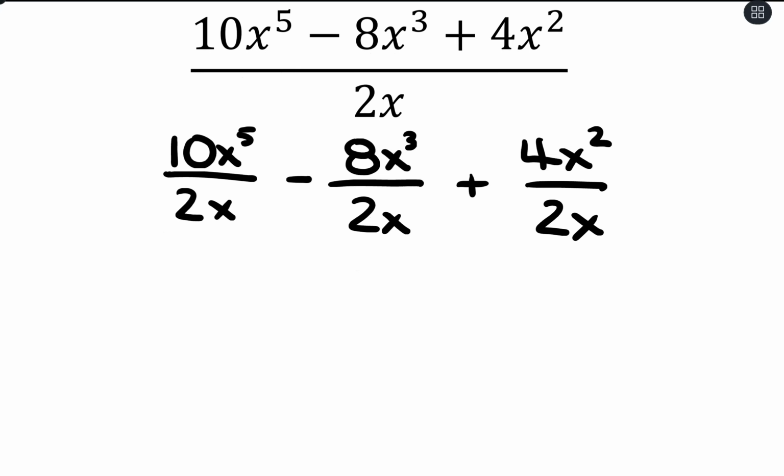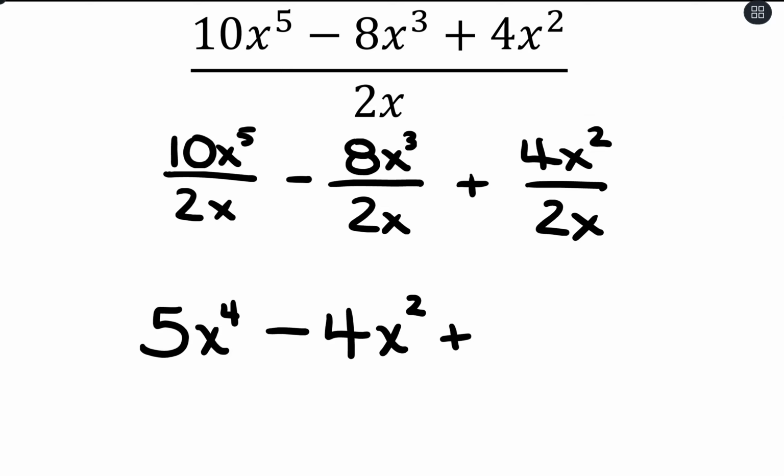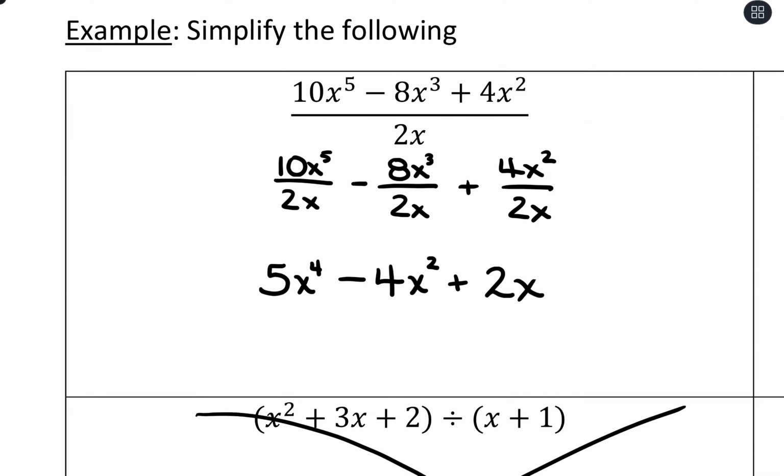So 10 divided by 2 is 5. X to the 5th divided by x would leave us with x to the 4th. Minus 8 divided by 2 is 4. X cubed divided by x, so 3 minus 1 would leave us with x squared. Plus 4 divided by 2 is 2. X squared divided by x would leave us with 1x. And that'll do it.